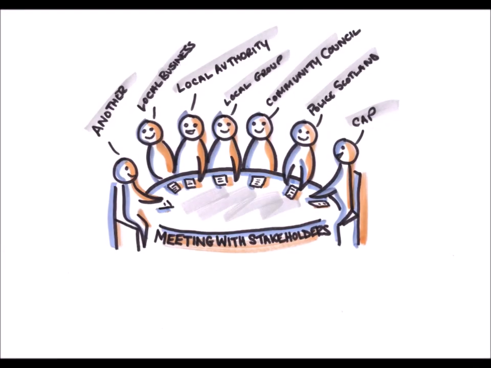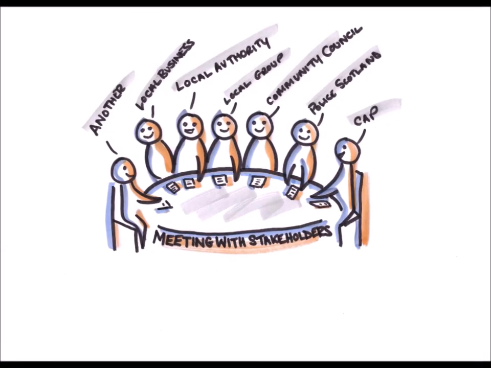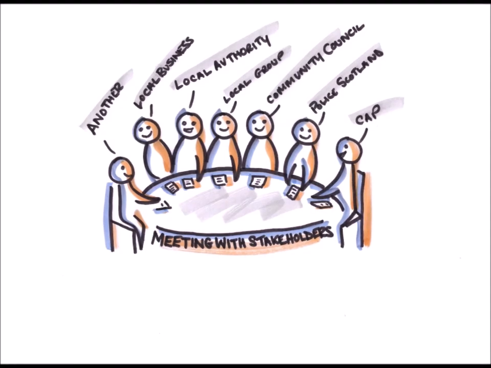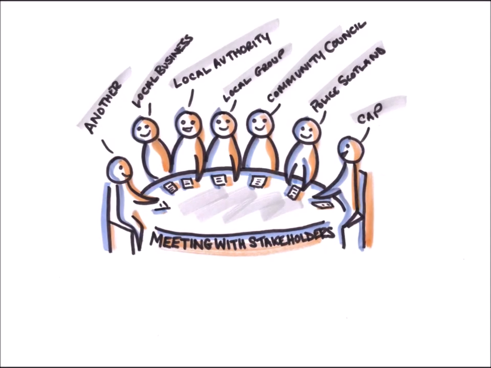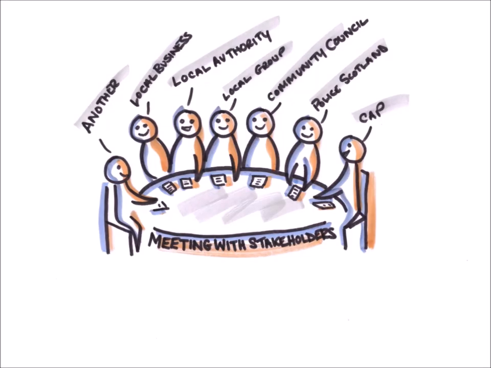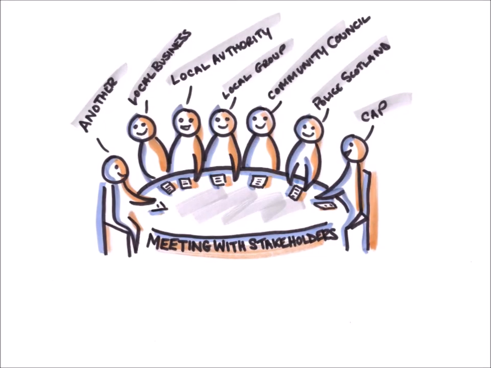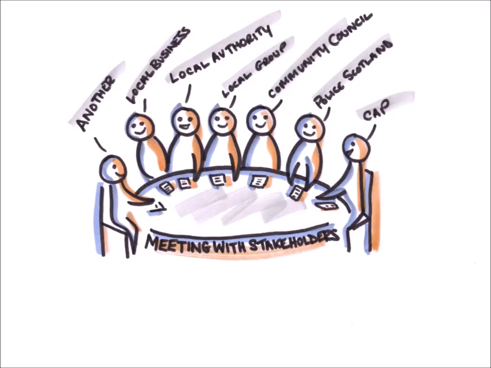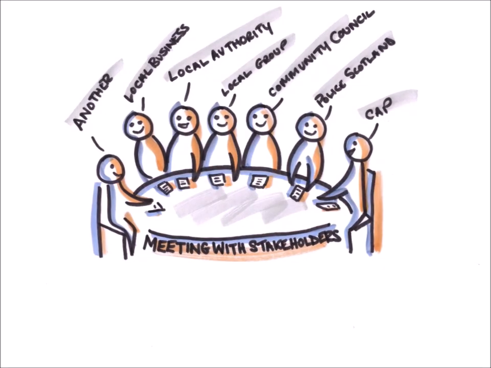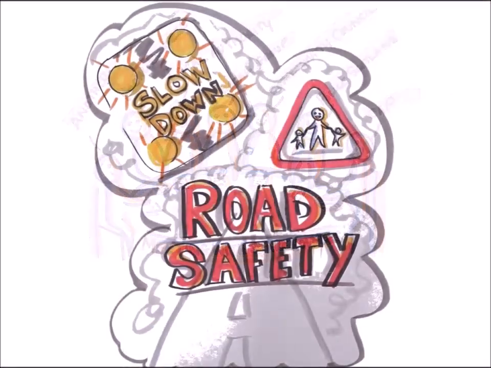Phase 6. A community action plan is community-led, but some actions will need help and support from other stakeholders to deliver, such as different departments from the local authority and other public bodies. For example, if road safety is a concern, Police Scotland and the road safety team.